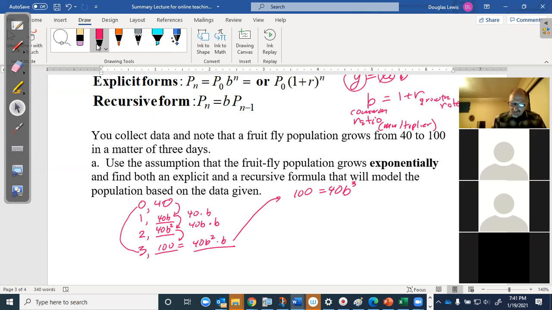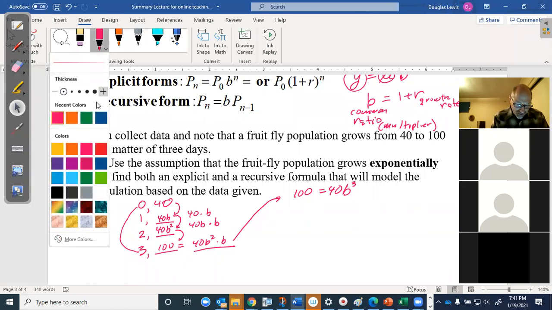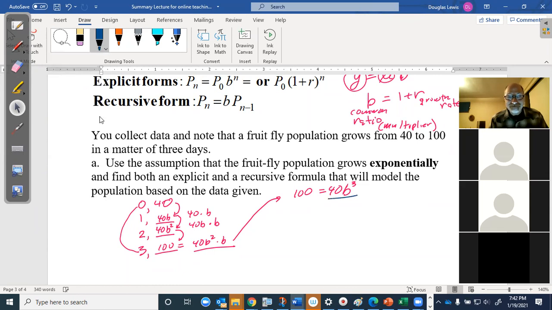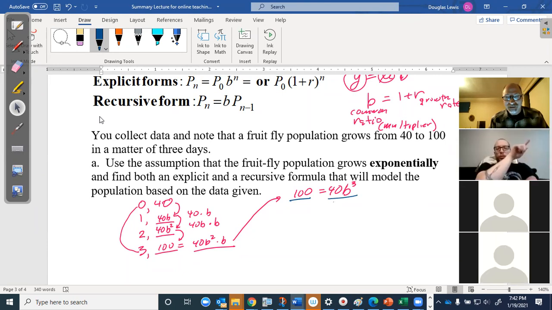So how do we solve? Now notice, I don't know what that b is, but now I can find out because we all know how to solve that, right? What do you do first to solve for b? Anybody want to tell me? Would you use the cube root?